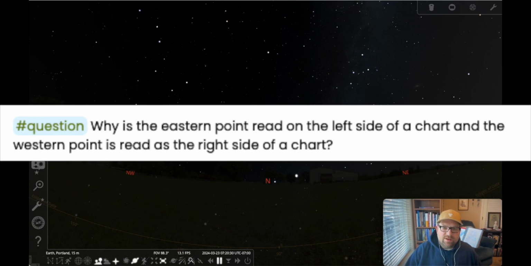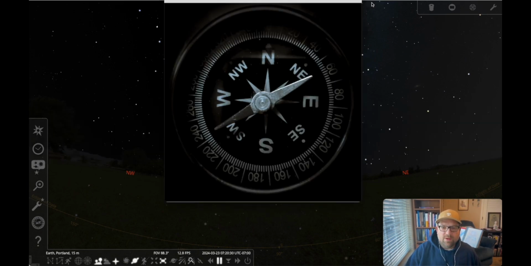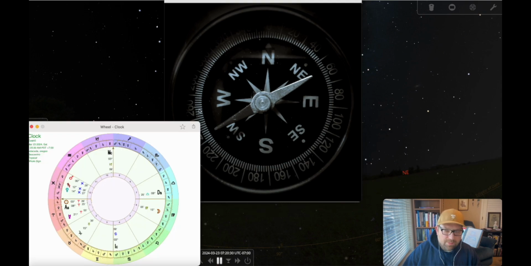So where this question is coming from is from our familiarity with the standard compass, where west is on the left and east is on the right. But if you've studied some astrology, you'd know that when you look at an astrology chart, it's a different situation.